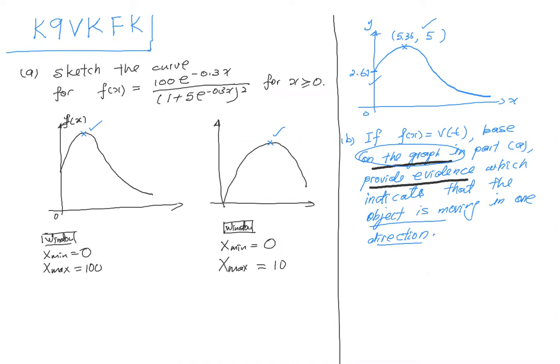You have to say that statement, above the x-axis. Even if it is always below the x-axis, it also can mean that the object is moving in one direction. Are you clear? After you say the graph is always above the x-axis, then only you say it's always positive, because we want you to refer to the graph.